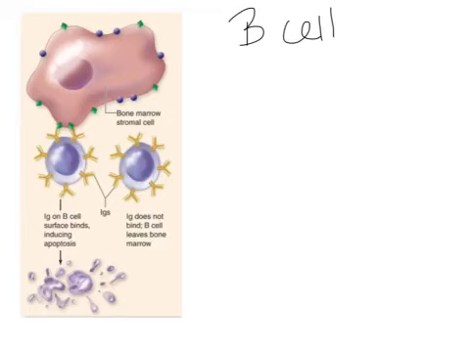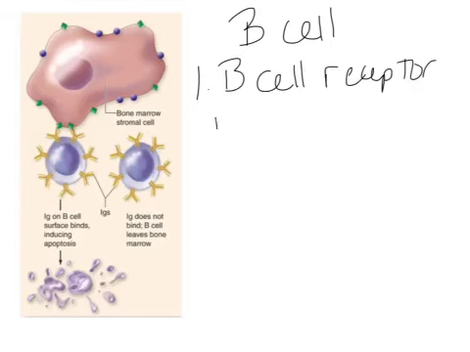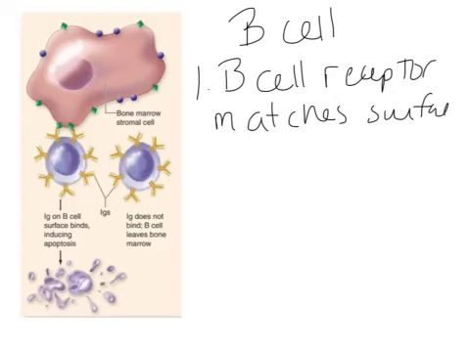Now let's see how the B cells are going to be taught to recognize self. B cells, if you remember, mature in the red bone marrow. They don't go to the thymus like the T cell does. They stay right there in the marrow. So our first option: the B cell receptor can match one of the surface proteins on the bone marrow cells.